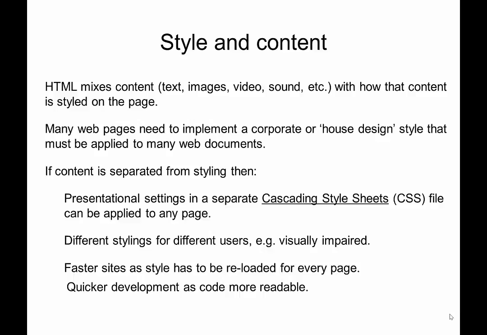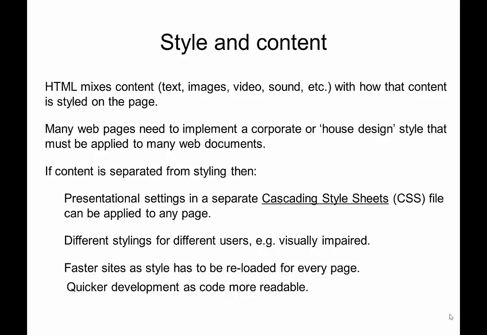So if we can separate the style from the content, then we've got one file for 1 million pages that defines the style for all those pages, and all we've got to update is that one file, and it propagates to all the pages that use that file to style it. That's the idea.